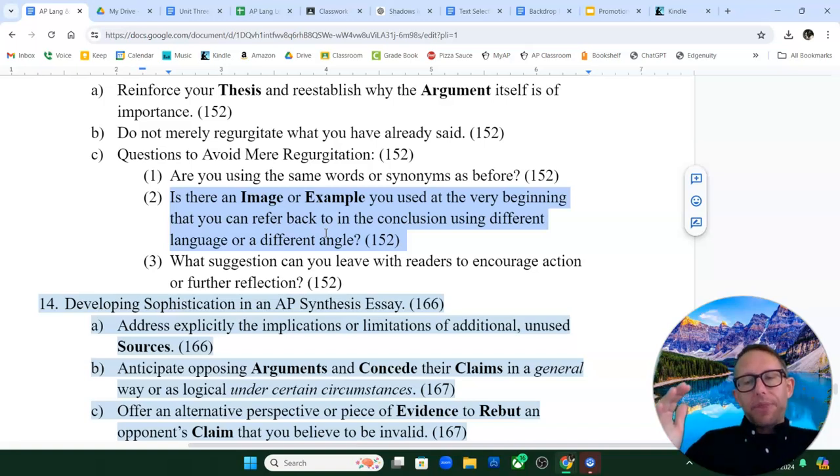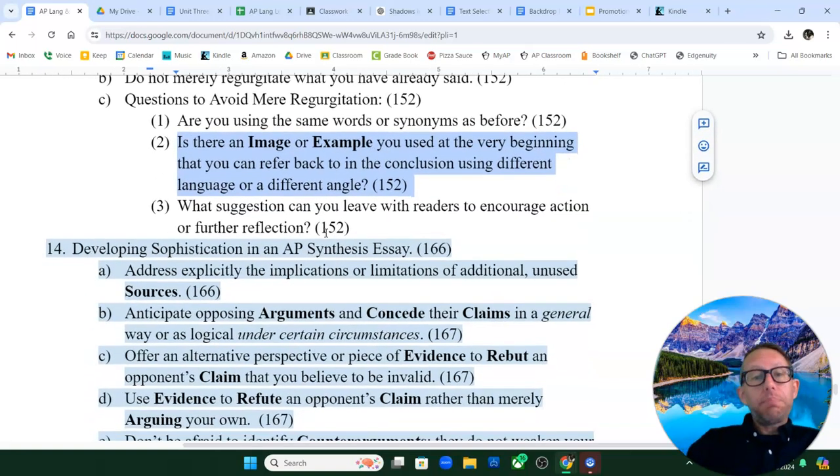Maybe you've set up that hypothetical situation back in the intro, and now you're going to show us what the consequences within that hypothetical example might be if your thesis isn't taken seriously or something like that. So again, you're using a similar image or example from the introduction, but you're taking it to the next level. You're not just regurgitating, you're extending it, expanding upon it, okay? And putting it potentially into some real world context, okay?